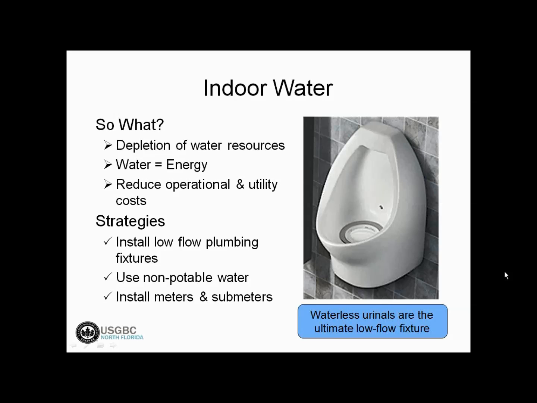So the strategies are pretty straightforward inside a building. You use low flow or ultra low flow plumbing fixtures. If there's opportunities for alternative water sources, if we can capture rainwater and use it to flush toilets, then we're saving all kinds of potable water. I'm a big fan of metering and measurement and verification.